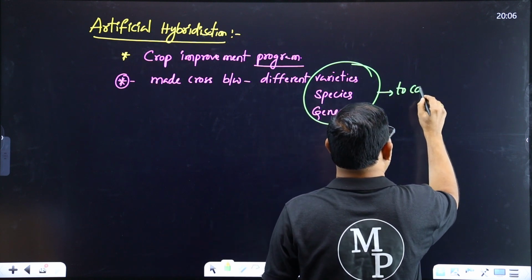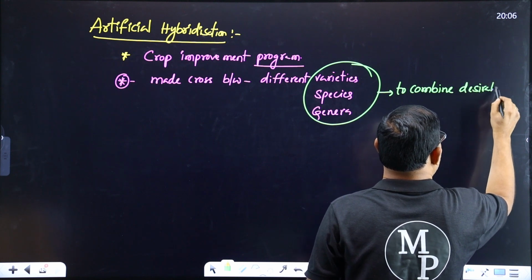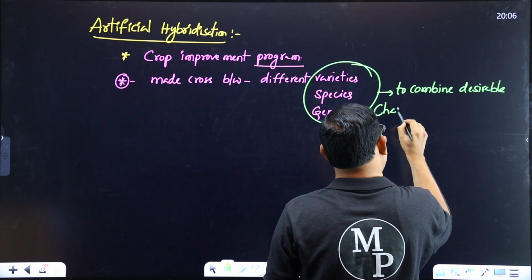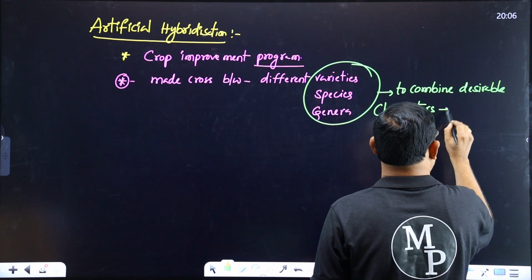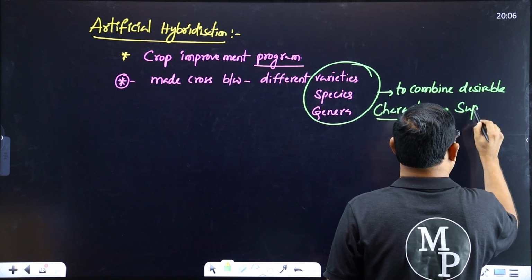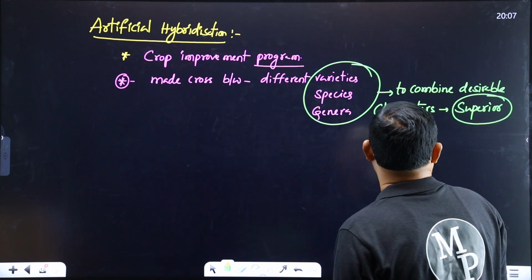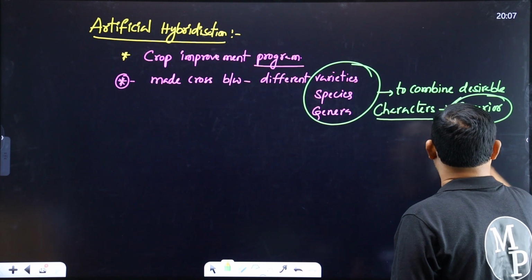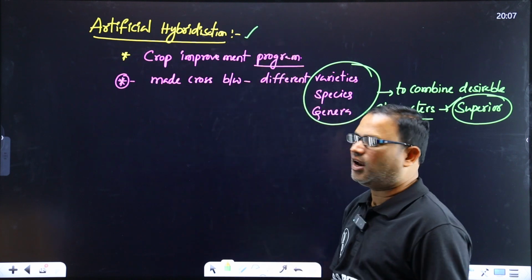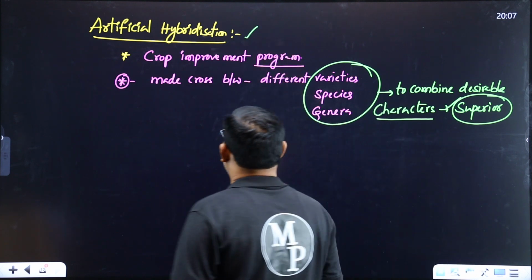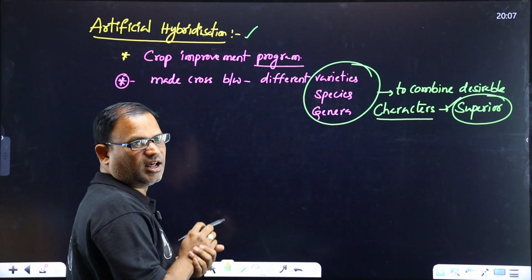To combine desirable characters in one superior plant, leading to a superior plant. This is the artificial hybridization method.